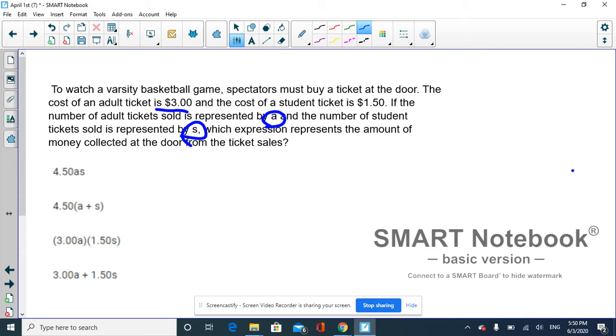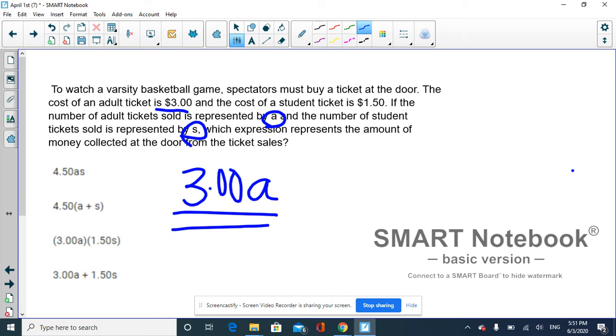Okay, how many tickets will be sold for adults? Yes, A. And each one will cost $3.00. This is the cost of all the tickets for adults.